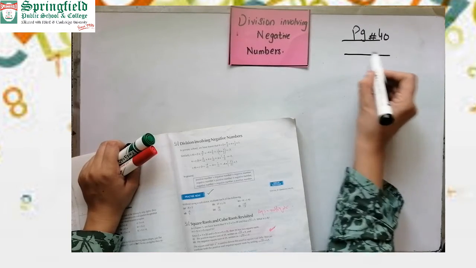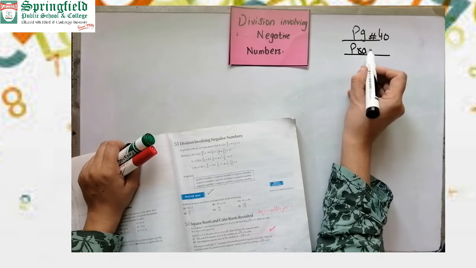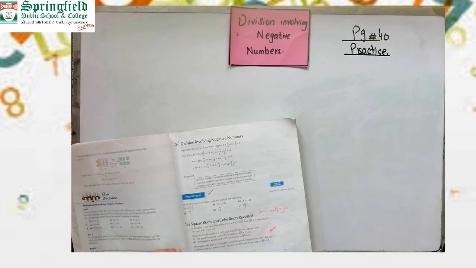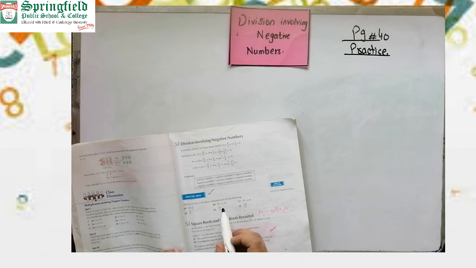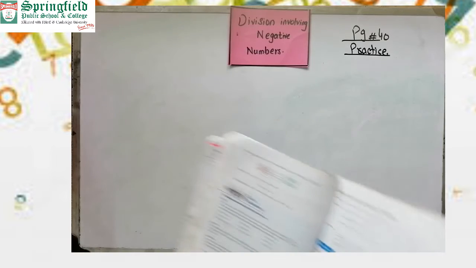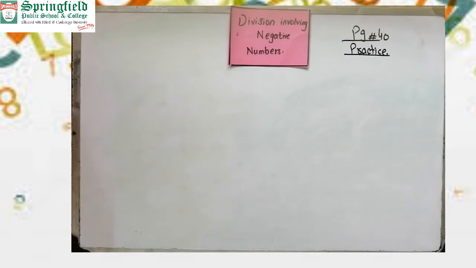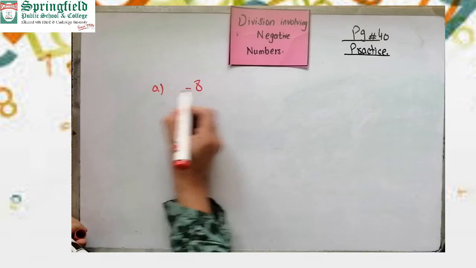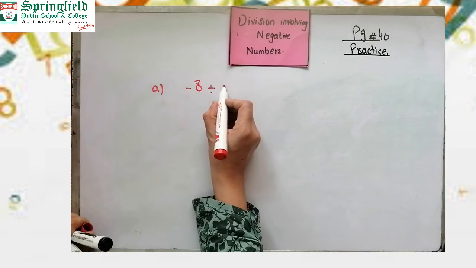Page 40, practice question. Okay. Without using calculator, calculate these. Now how we can calculate? The first part, A part. In A part they are saying minus 8 divided by plus 2.